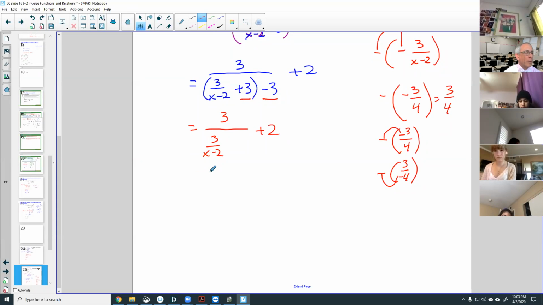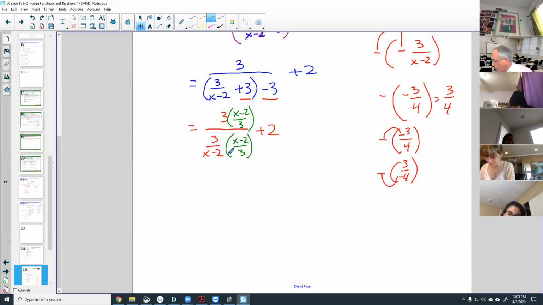Okay. So I have a 3-layer fraction. Cannot have 3-layer fractions. Not allowed to have 3-layer fractions. So if I want to get rid of a 3-layer fraction, I multiply the denominator by its reciprocal, and I multiply the numerator by its reciprocal. Well, by the reciprocal of the denominator. I'm multiplying the denominator by its reciprocal because, and we're going to ask this of Brooklyn, any number times its reciprocal is equal to what? 1.